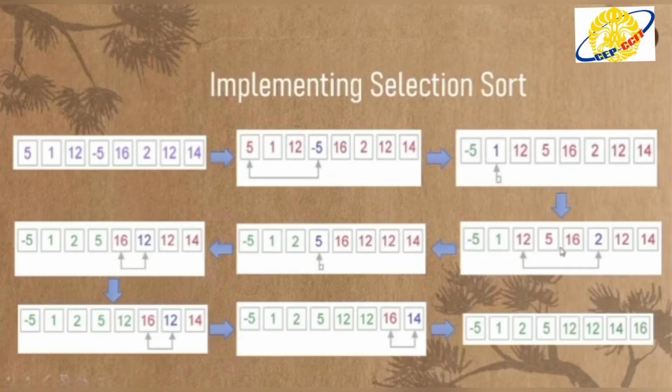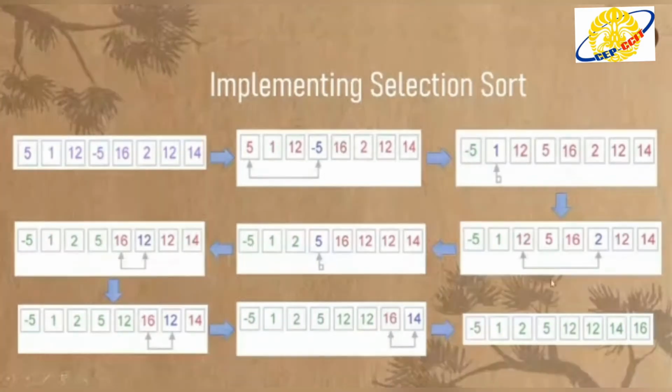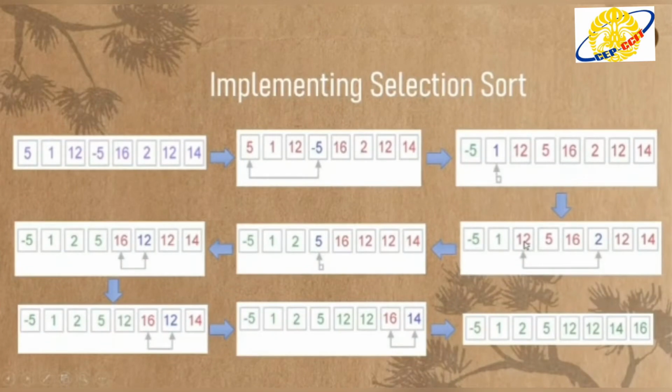The location is fixed because there is no exchange anymore. Then go to box number 3. From box 3 to 8, it turned out the smallest is number 2.